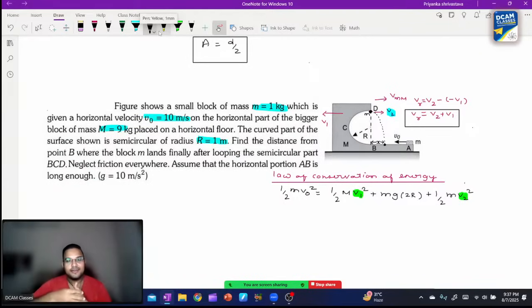If you want to make it easier, they've given the curved part of the surface shown in semicircle, they've not given the velocity of its move. Then what's the point of giving the mass of this upper curved surface? It need not be used.